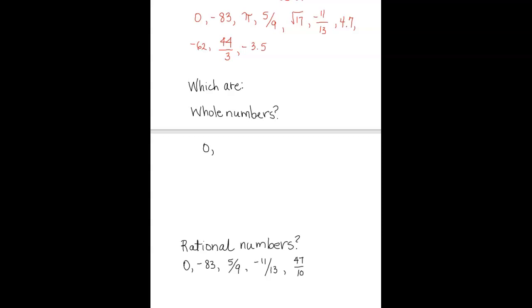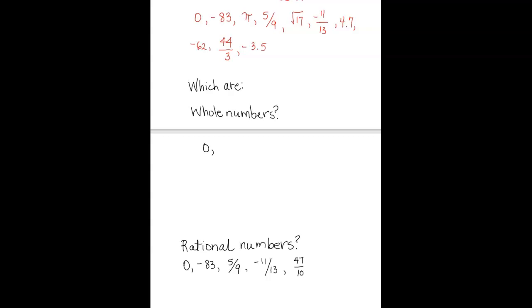That works. Another thing to know is that if you have a decimal that terminates, like this one that ends at 7, right? It doesn't go on forever, and it's definitely going to be a rational number. Okay? If it goes on forever and it's the same number or a pattern that's exact, that is also a rational number.